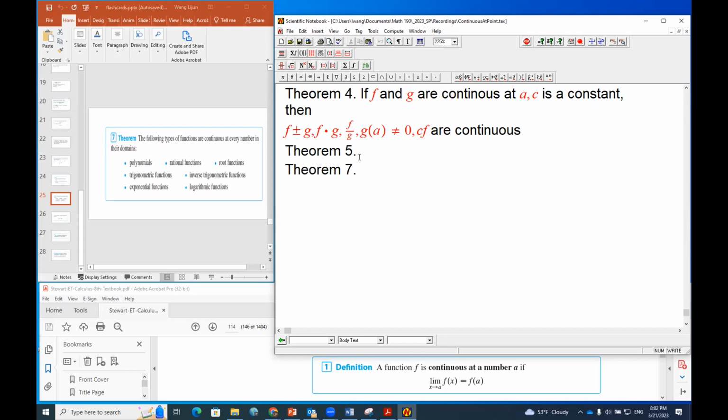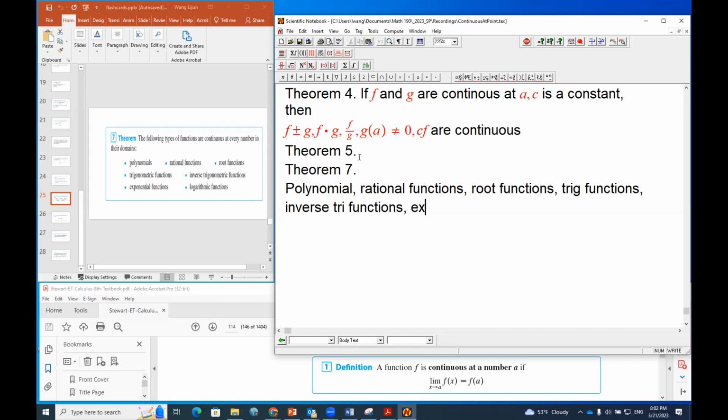So these two theorems basically tell us polynomial, rational functions, root functions, trig functions, inverse trig functions, exponential functions, and logarithm functions are continuous on their domain.